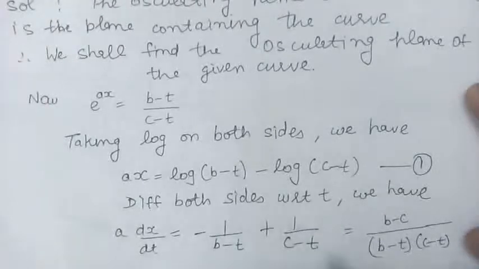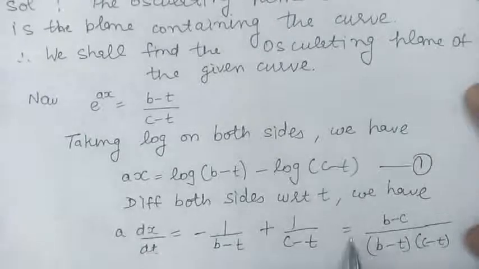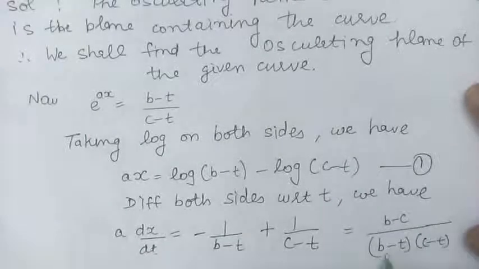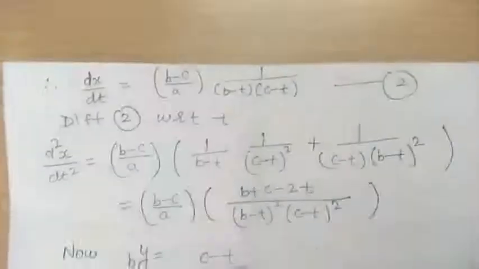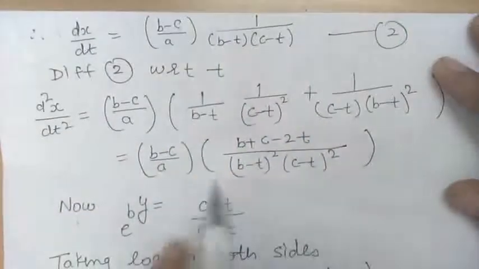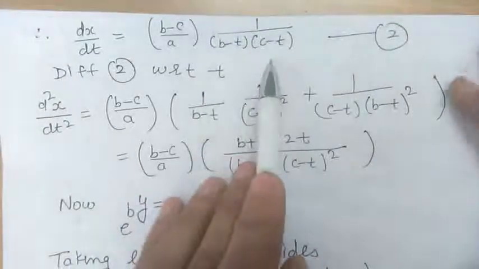Now taking LCM of these two terms, we get a dx/dt is equal to (b − c) upon (b − t)(c − t). From here, the value of dx/dt is (b − c)/a into 1 upon (b − t)(c − t).